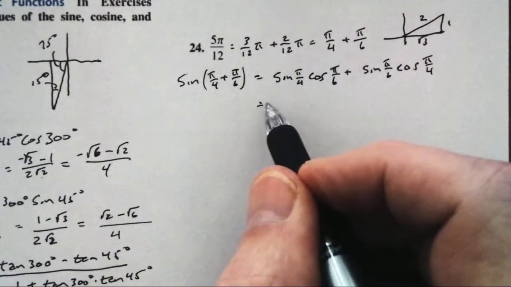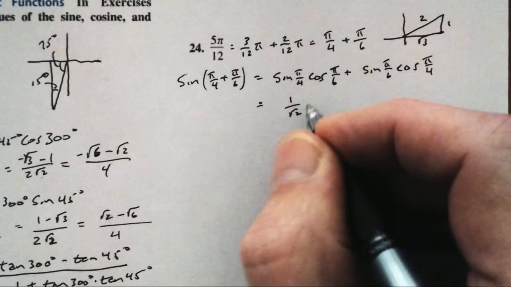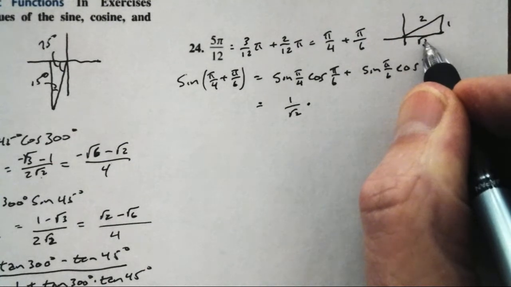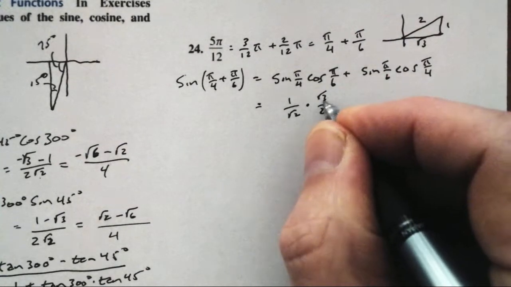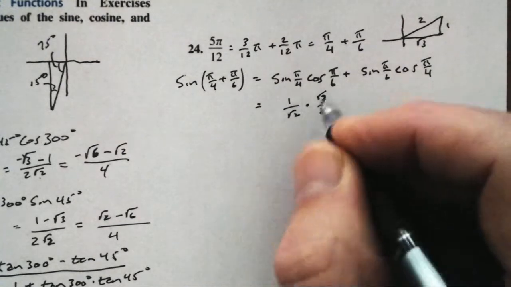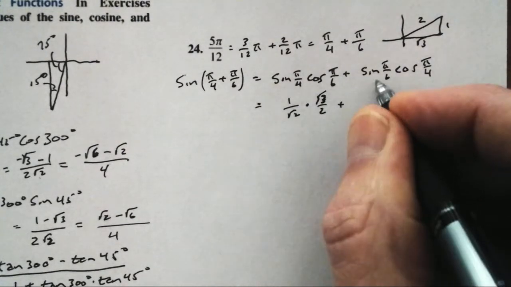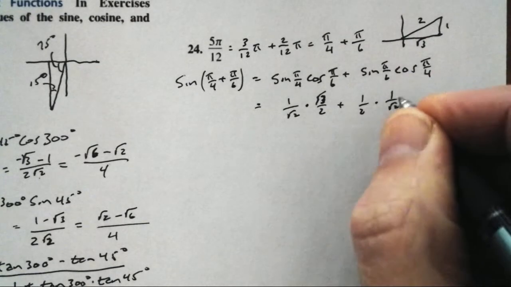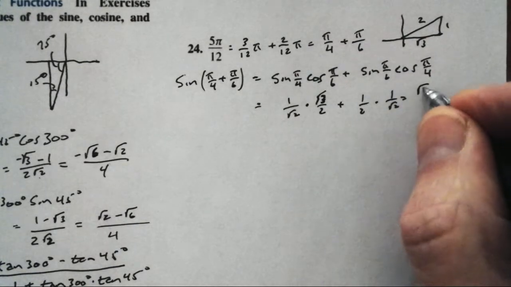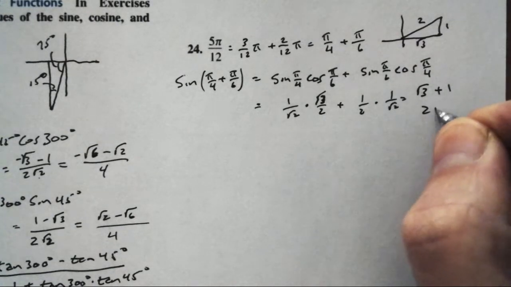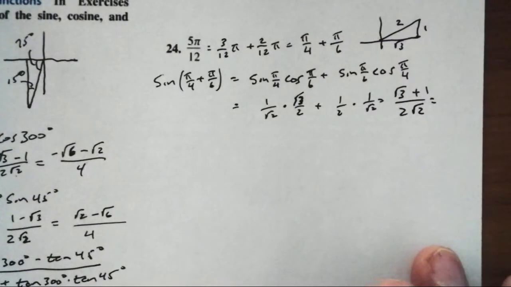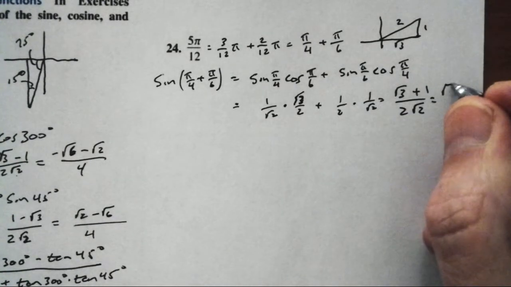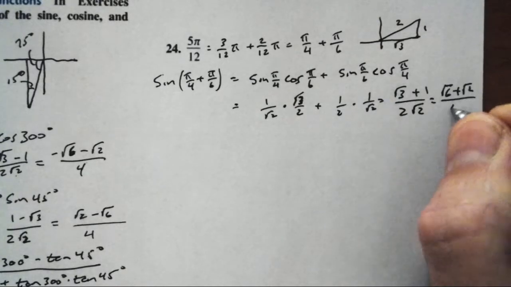So sine of pi on 4 from above, 1 on square root of 2, cosine pi on 6 x on r square root of 3 on 2, plus sine pi on 6, 1 on 2, cosine pi on 4, 1 on square root of 2, and I get square root of 3 plus 1 on 2 square root of 2, or there it is again, multiply by square root of 2 on square root of 2, and we get square root of 6 plus square root of 2 all on 4.